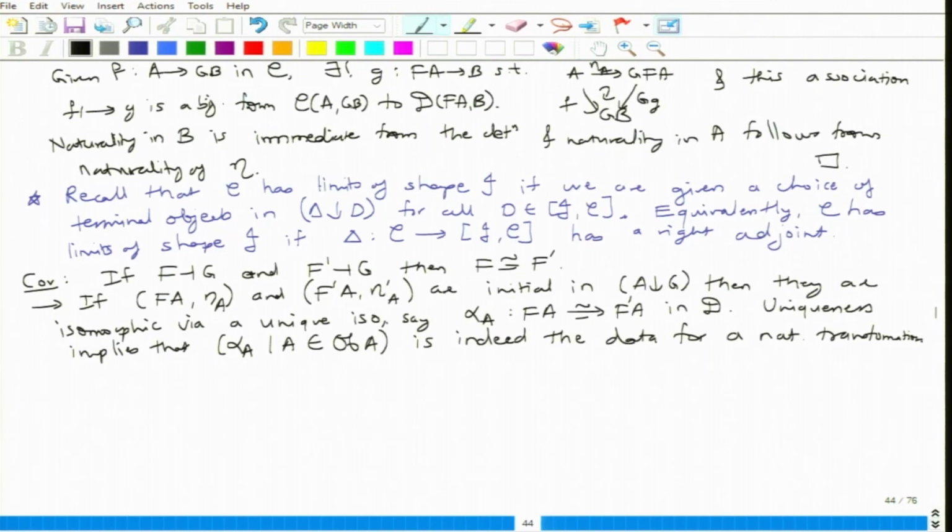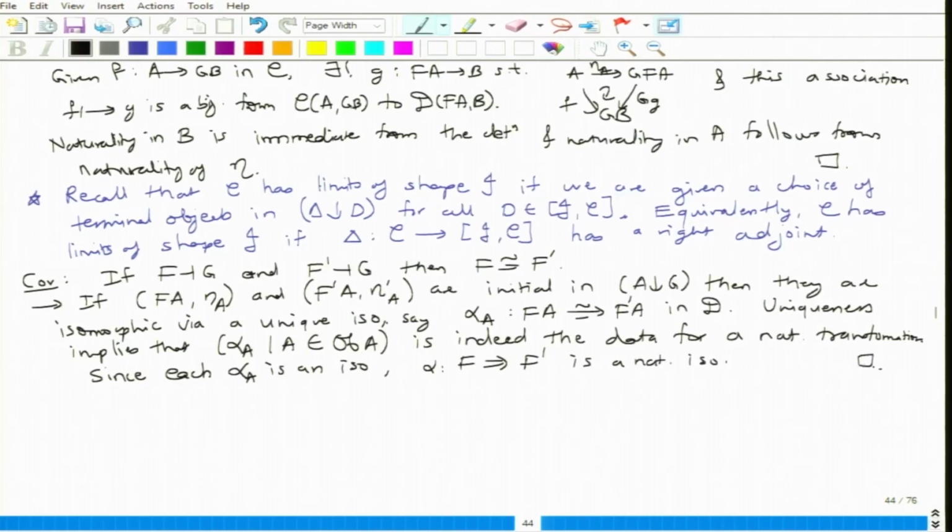And since each alpha A is an iso, what can you say about alpha? Alpha from F to F dash is a natural iso.